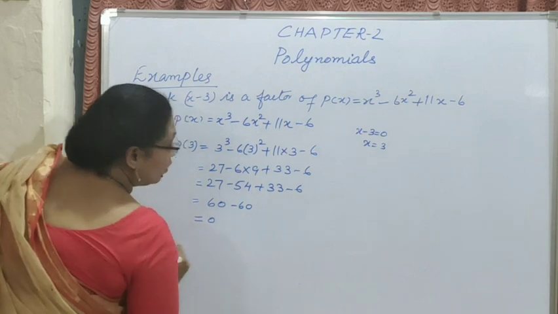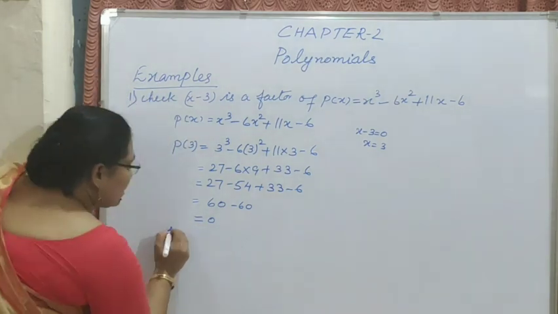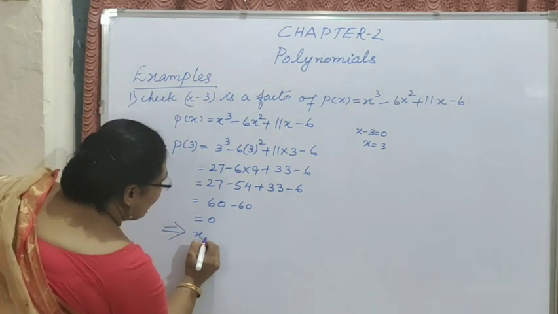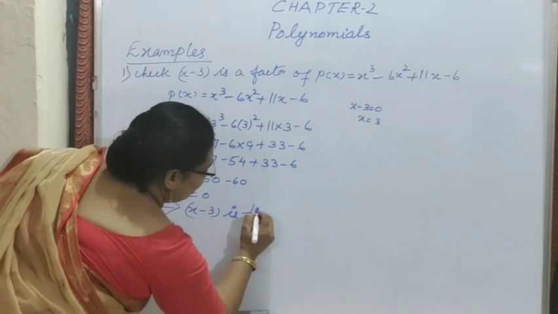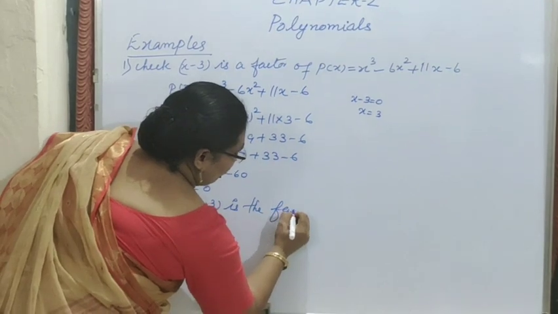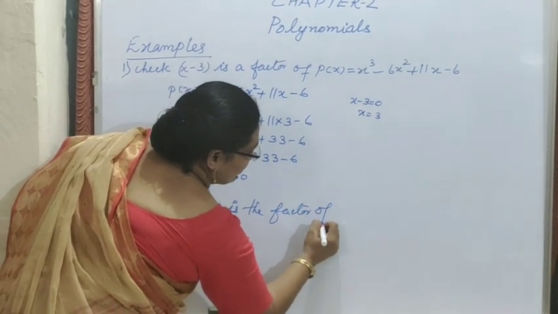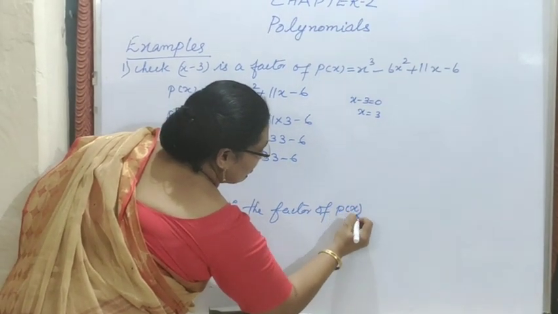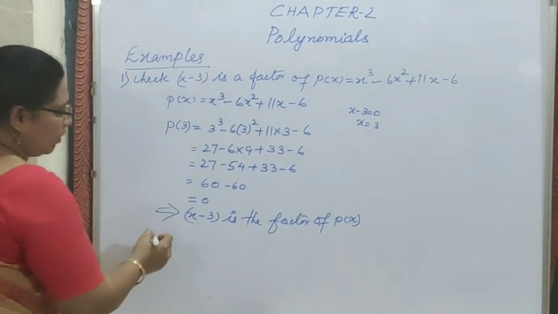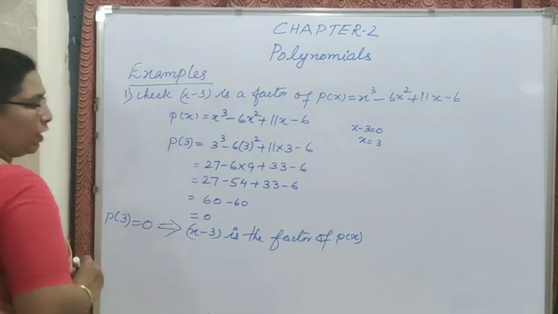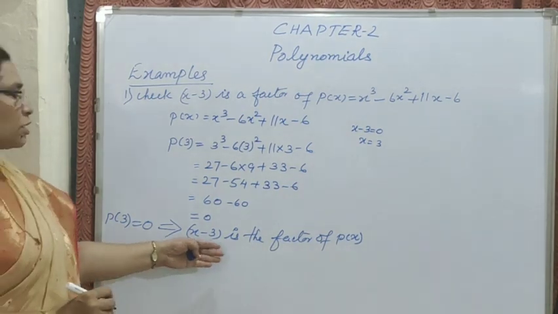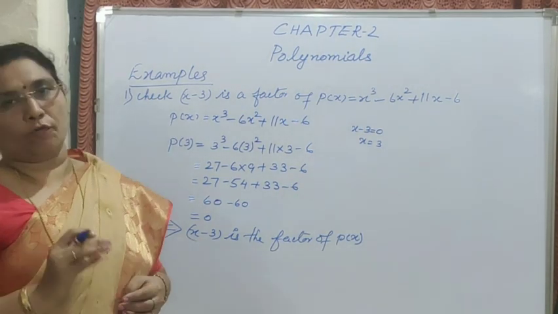So it is equal to 0. So this implies x minus 3 is a factor of p of x. Right? What is the meaning of this? p of 3 equal to 0 we got, which implies x minus 3 is a factor of p of x.